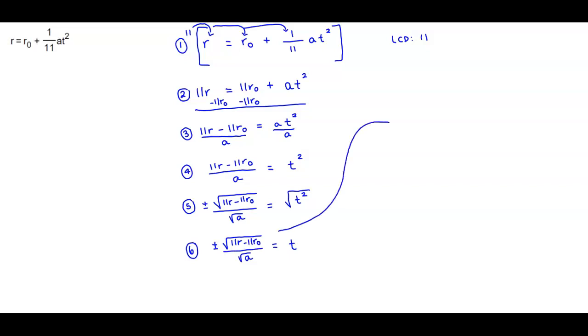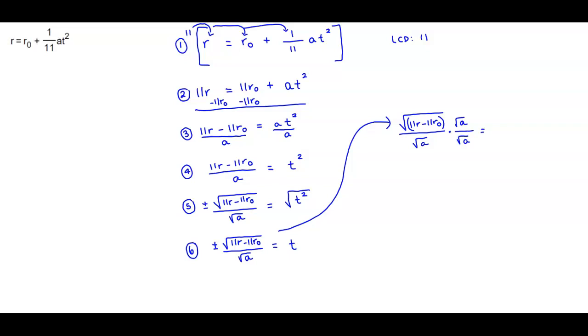Now we're supposed to rationalize the denominator, so we can't leave the radical in a denominator. We have the square root of 11r minus 11r subscript 0 divided by the square root of a. I'm going to put this in parentheses because that is all underneath the radical sign. To rationalize the denominator, we multiply the numerator and denominator by the square root of a.